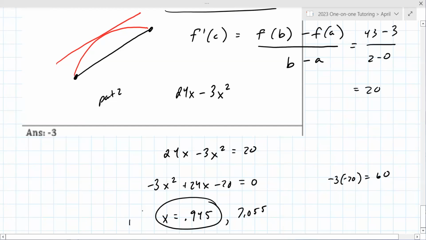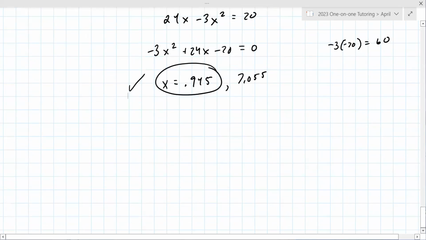This first one is the one you would want. There could be more than one answer that's in the interval, but probably not on what you're doing in the AP, but in real life there could be.